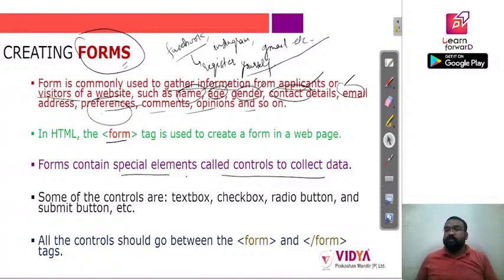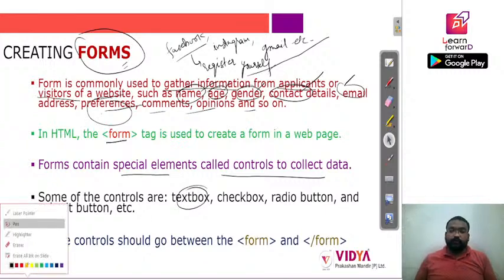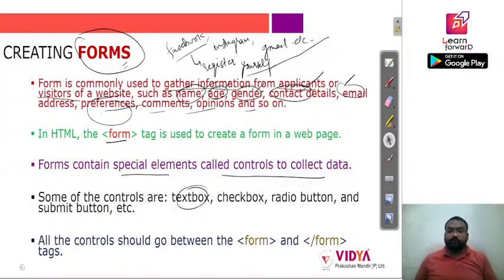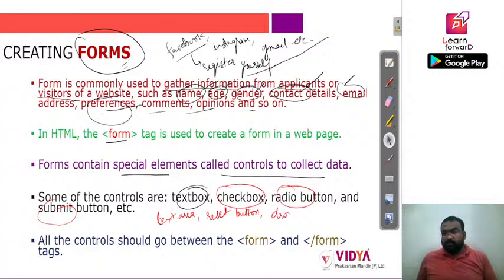Some of the controls that we are going to learn today are text boxes, checkbox, radio button, and submit button. There are other tools as well, such as the controls text area, reset button, drop down list.